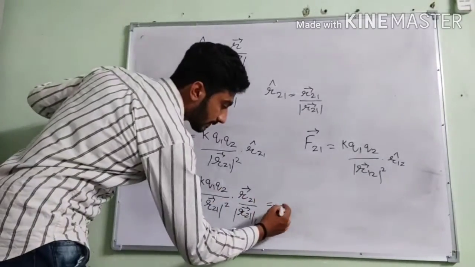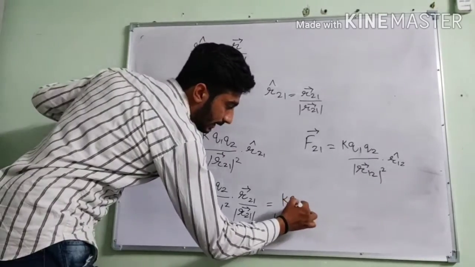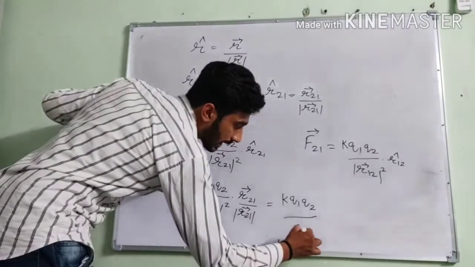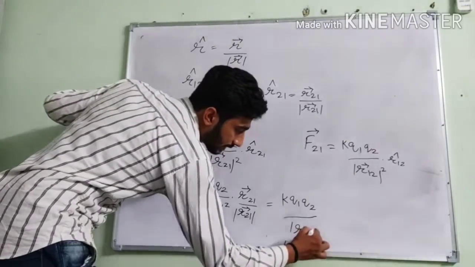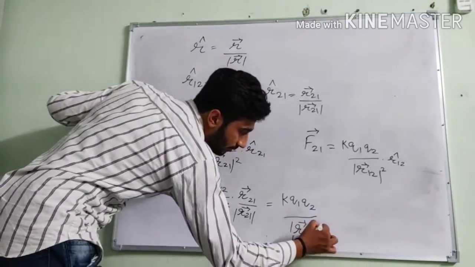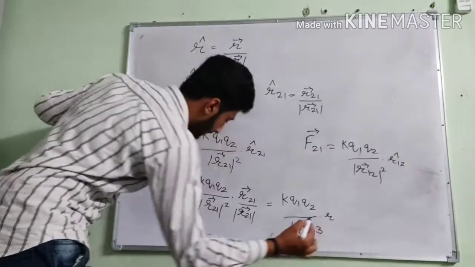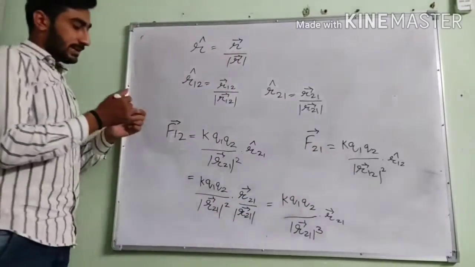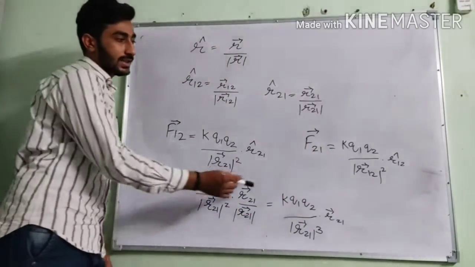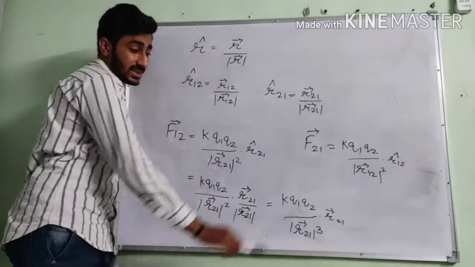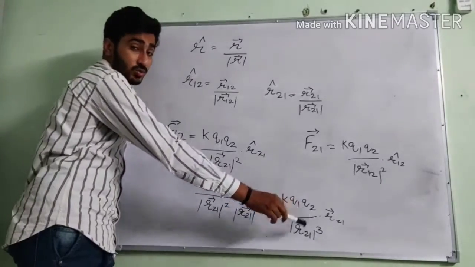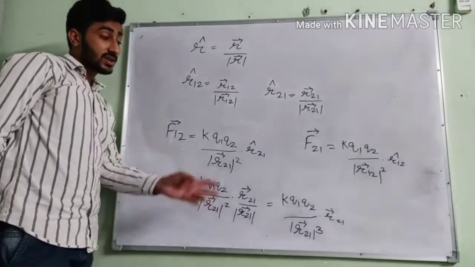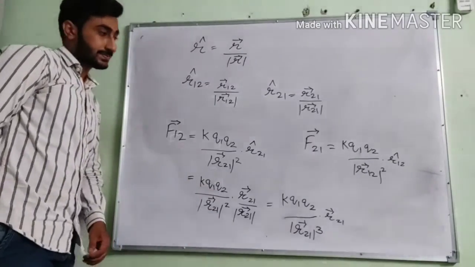Like this: K Q1 Q2 over R21 vector's magnitude cube, dotted with R vector 21. Similarly, the formula of F21 is like this. Simply the direction is 1 towards 2 here, and 2 towards 1 there.